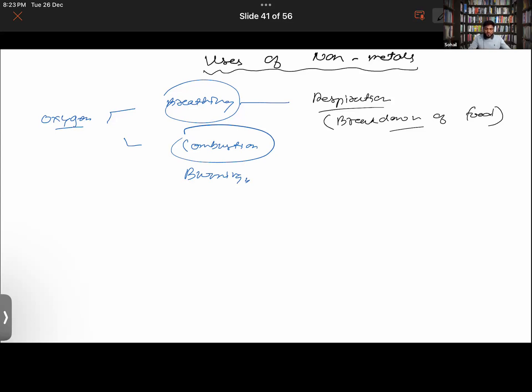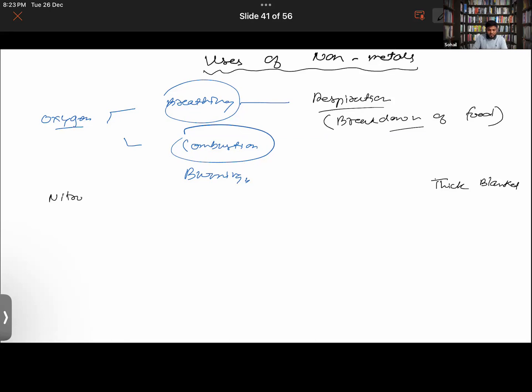So that's why, for example, let's say if a person unfortunately has caught fire, we wrap the person with a thick blanket. Ever thought why we would be putting a thick blanket over the person? Sir, since the thick blanket cuts off the oxygen supply. Exactly, right? That is the use of the oxygen here.